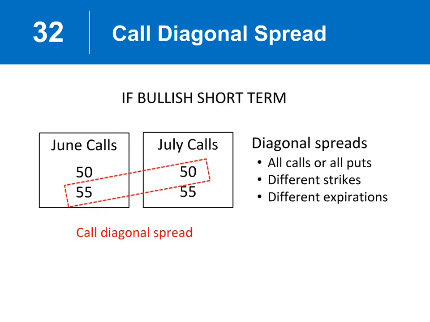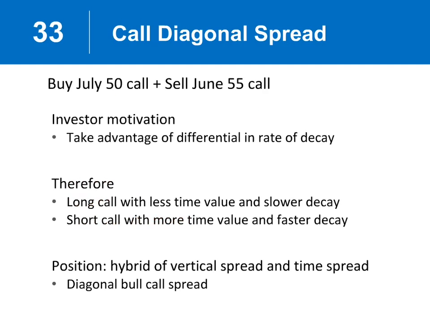So again, as slide 33 suggests, the motivation is really just to take advantage of the differential in the different rates of decay, along with your potentially changing opinion of the underlying. And really, the diagonal spread is a combination of the vertical and the time spread together. Some call it, as the slide suggests, a diagonal bull call spread.